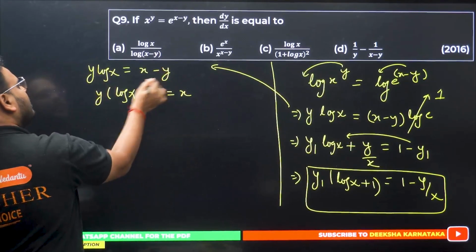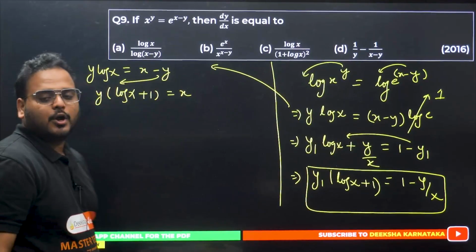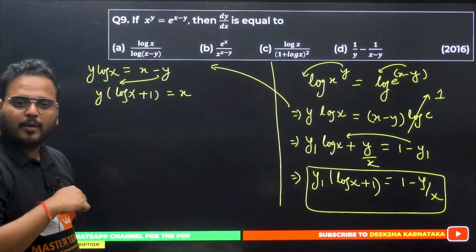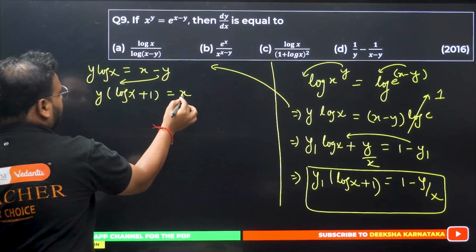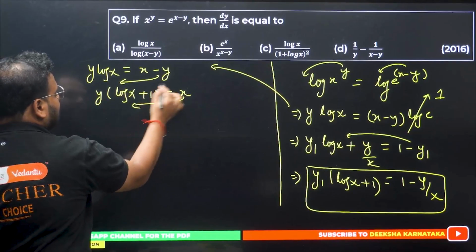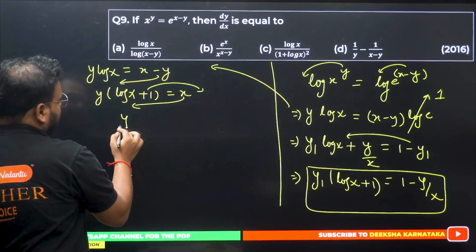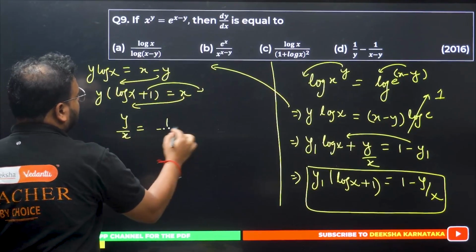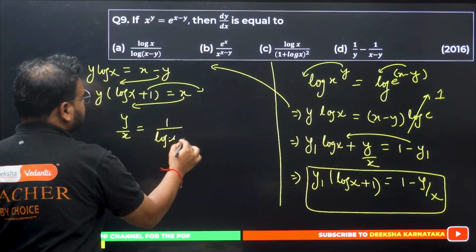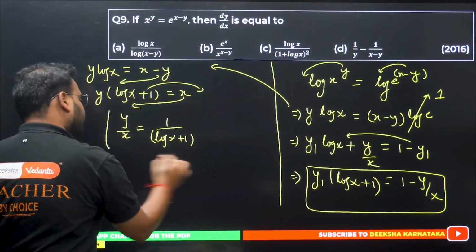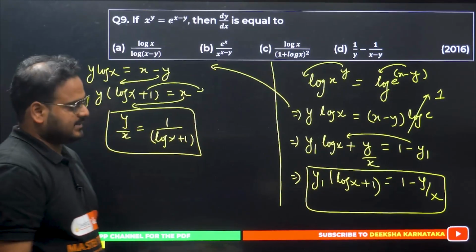I'm moving this y over here, so it becomes y log x plus y. I've taken y common. Now move x on this side and this term on this side. So I get y upon x equals 1 upon log of x plus 1. That's the value of your y upon x.